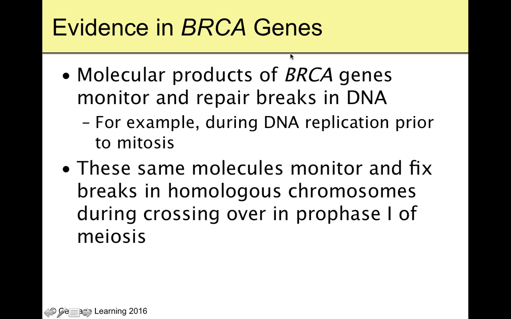And so this guy has a job in mitosis, but he also has a job in meiosis. He fixes DNA during DNA replication, and he will fix our homologous chromosomes once they've done crossing over to make sure everything's pieced together. And so, is that evidence of evolution from meiosis coming from mitosis?